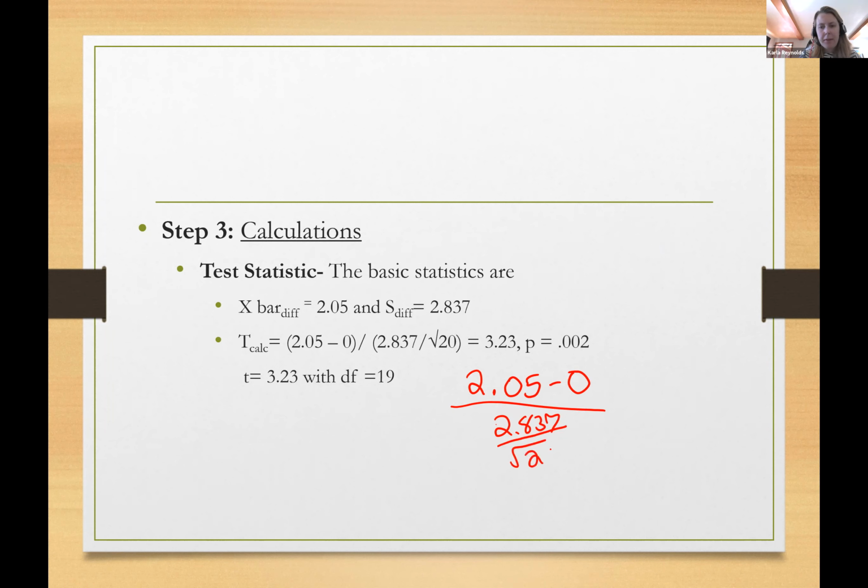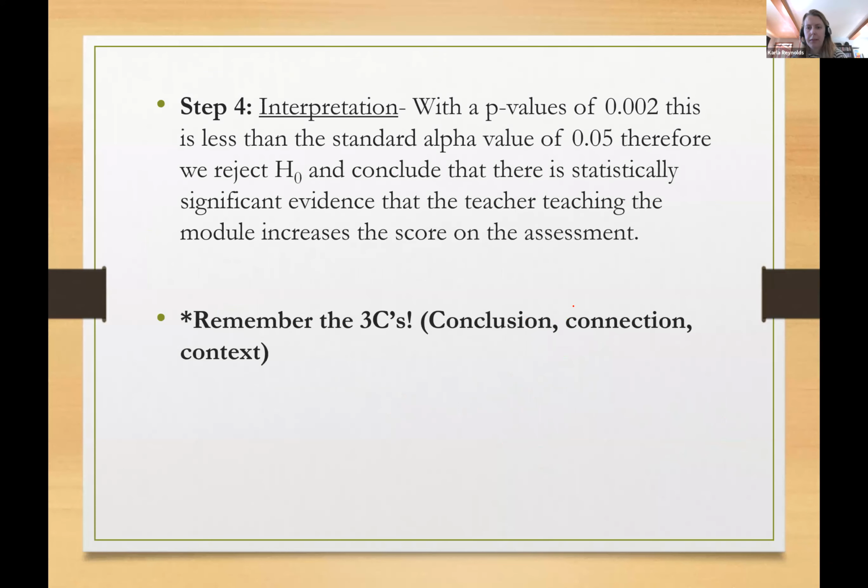So this is our t-score, and that equals 3.23. And our degrees of freedom, you need to write that down as well for when you do the calculation. Besides just the t-score, it's good to write degrees of freedom equals, like I have there, 19. And so our p-value when we run the t-test in the calculator comes out to 0.002.